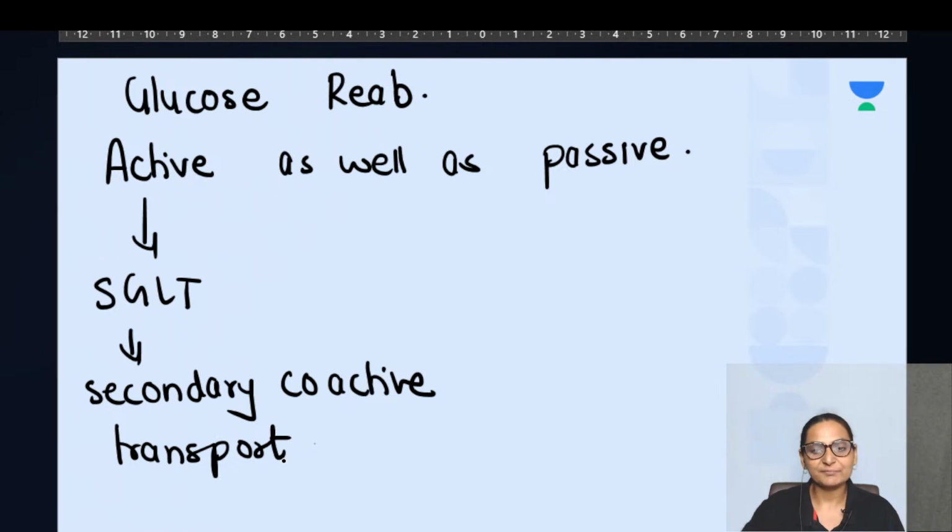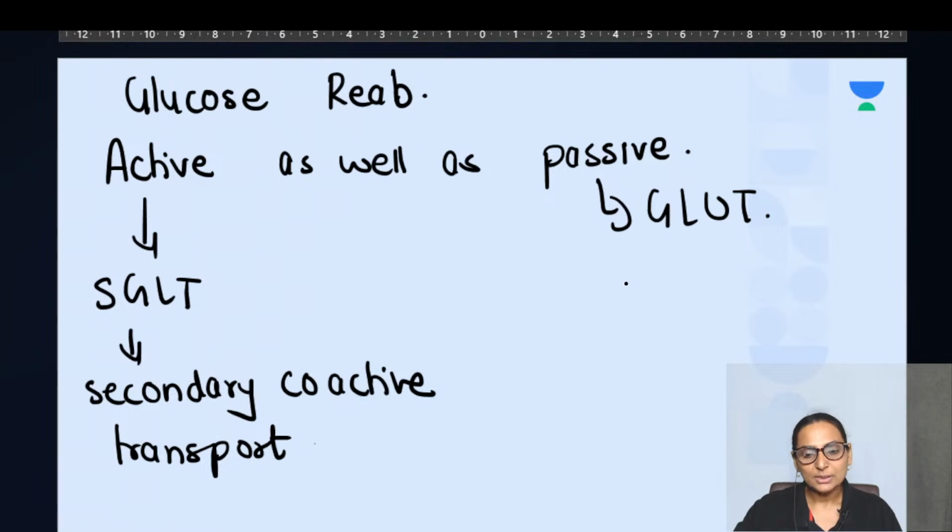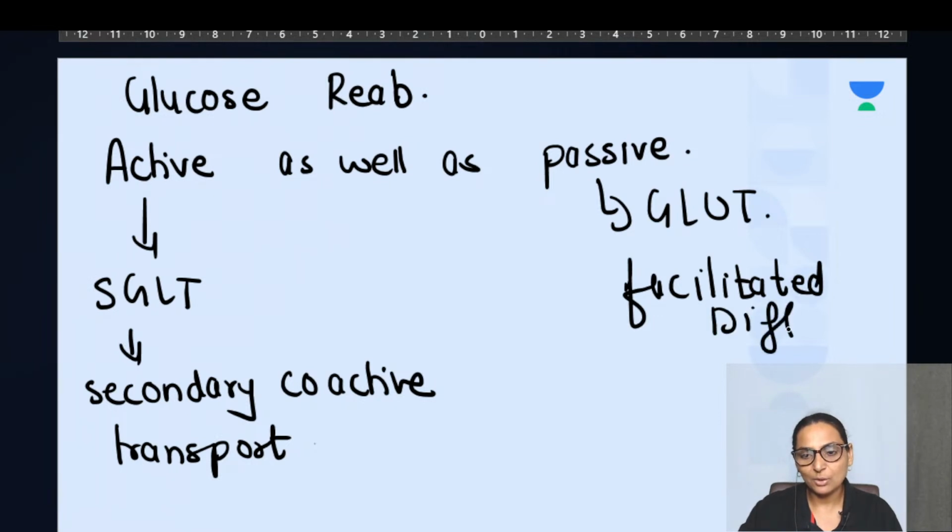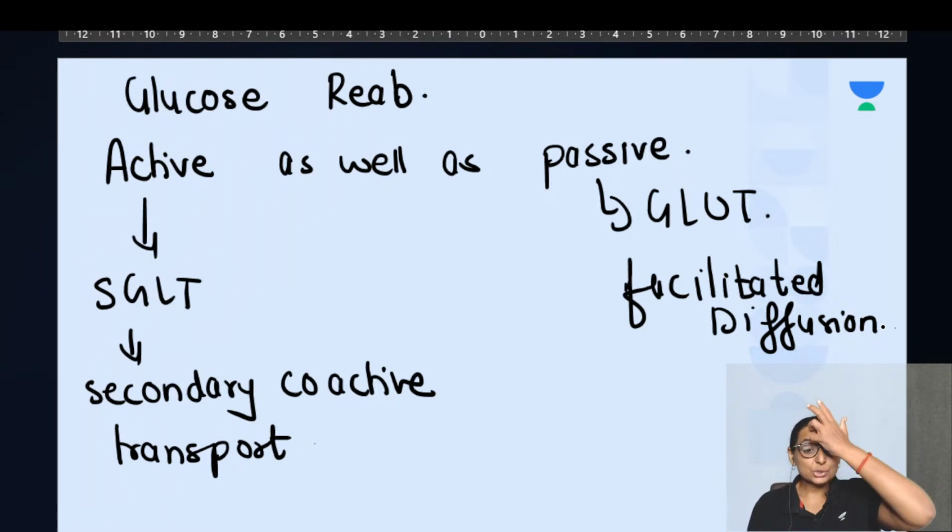So it is active. Passive is with the help of GLUT, which is an example of facilitated diffusion. So glucose is active and passive.